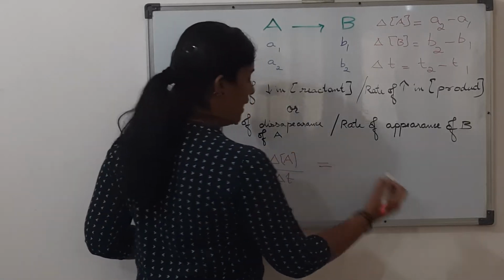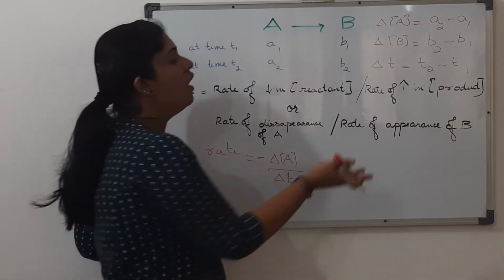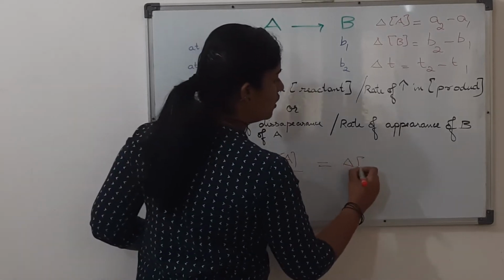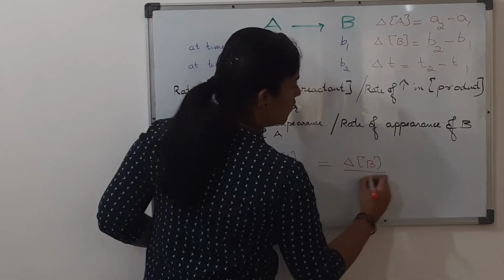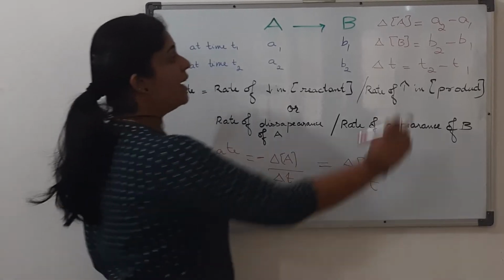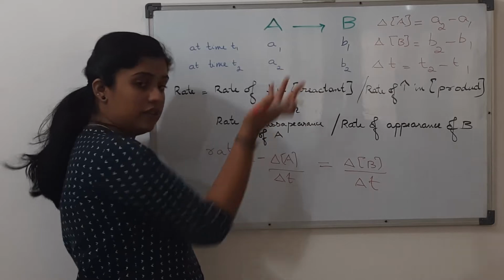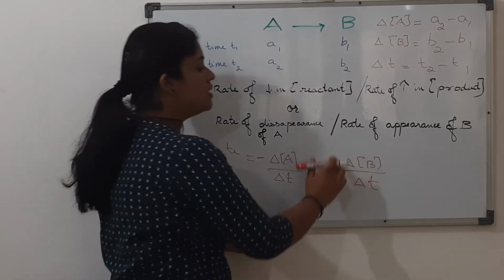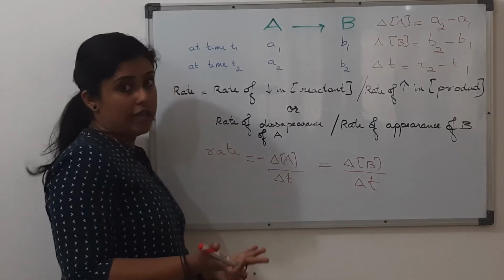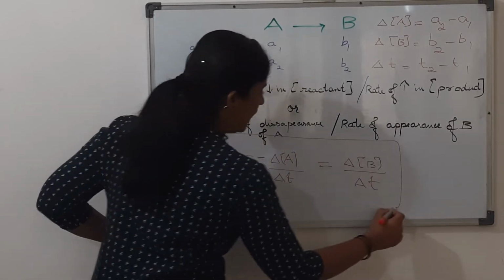Or in terms of B, if I write the rate of increase in product concentration or rate of appearance of B, that is delta concentration of B with respect to time, so by delta T. And in this case, B2 minus B1, B2 is always greater than B1, so it's already a positive quantity, so this would also be positive, and unlike the other case, you do not need to multiply with any minus sign.